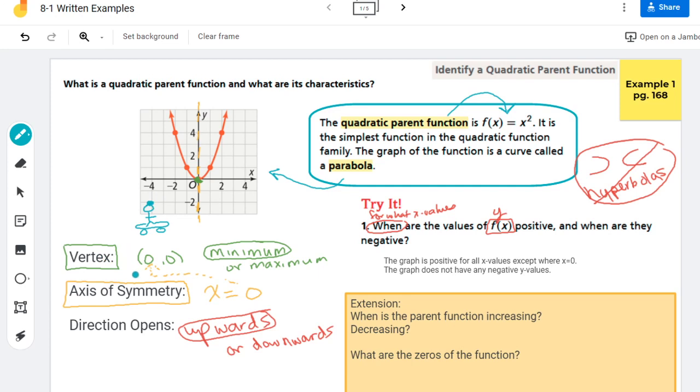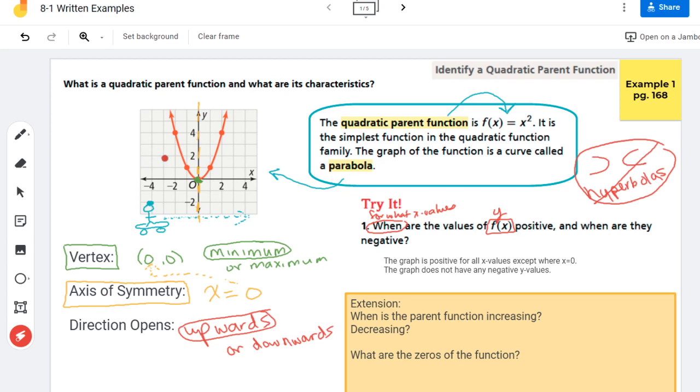So when we are determining increasing versus decreasing, this dude is going to roll from the left-hand side of the graph to the right-hand side of the graph. And he's going to be keeping his eyes on the graph as he continues. And the direction that his eyes travel, either upwards or downwards, will be whether it's increasing or decreasing.